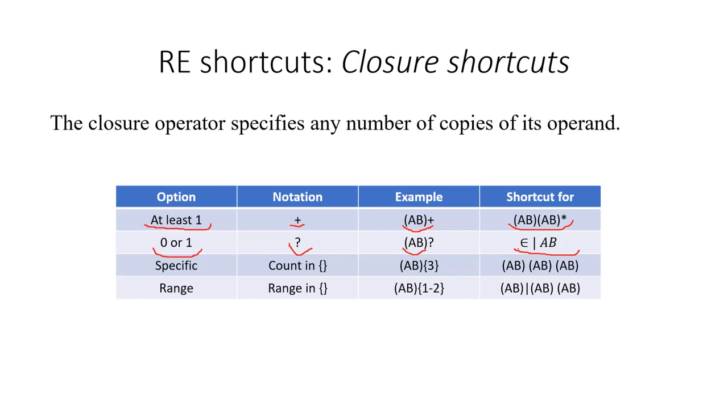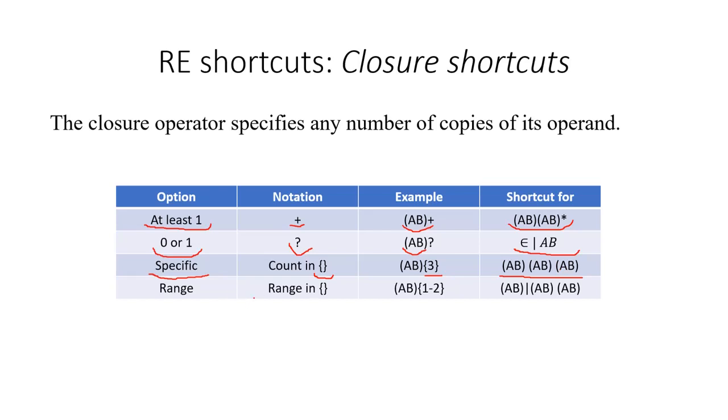This one also means 0 or 1. We can also specify the exact number of times it should repeat, and in order to do that, we use curly brackets. Here we say that AB should repeat 3 times, and the simple regular expression would just be written as AB 3 times.